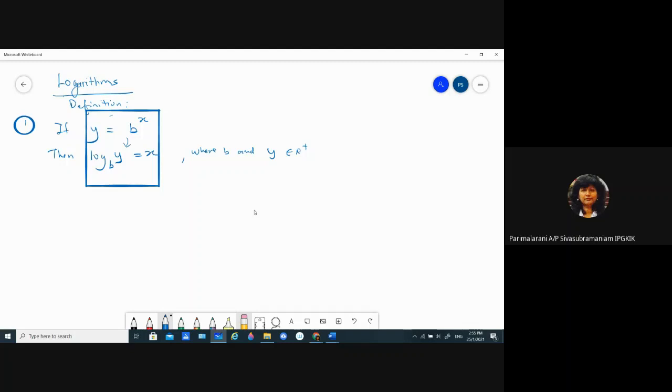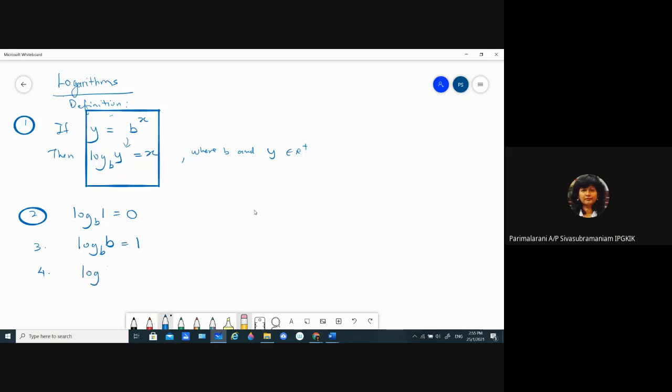Then there are other rules for logarithm. Log of 1 base b is equal to 0. That means log of 1, for any base, is equal to 0. Log 1 is always 0. Third rule: log of b base b is equal to 1. If the base and the number are the same, then it's equal to 1.